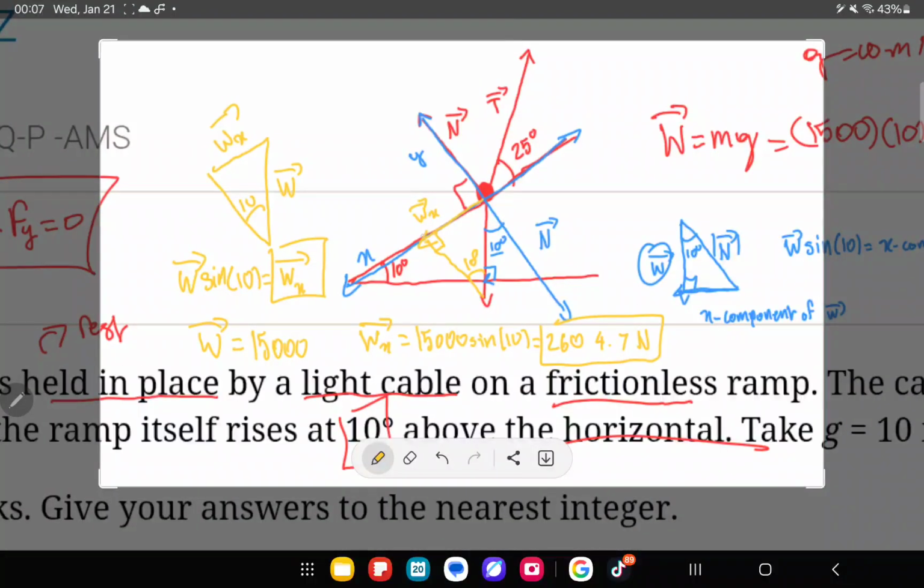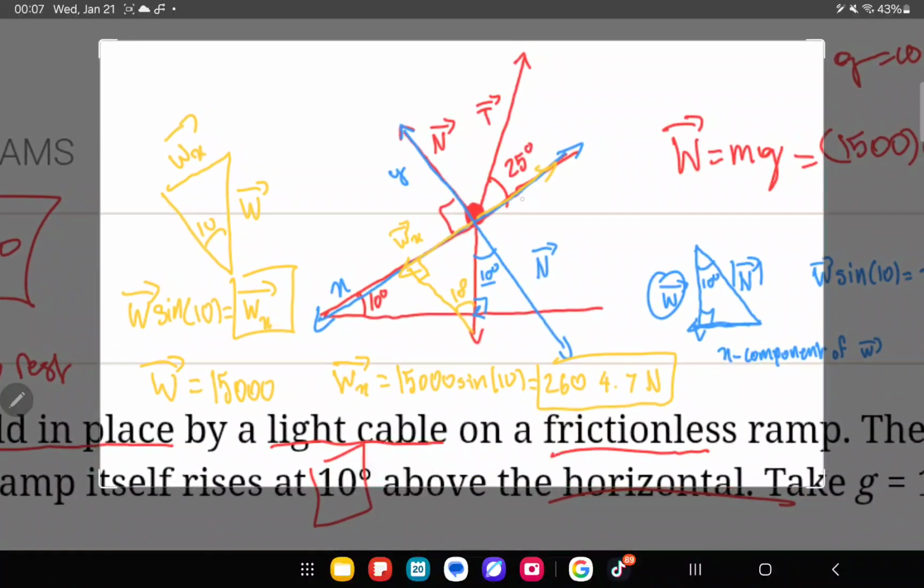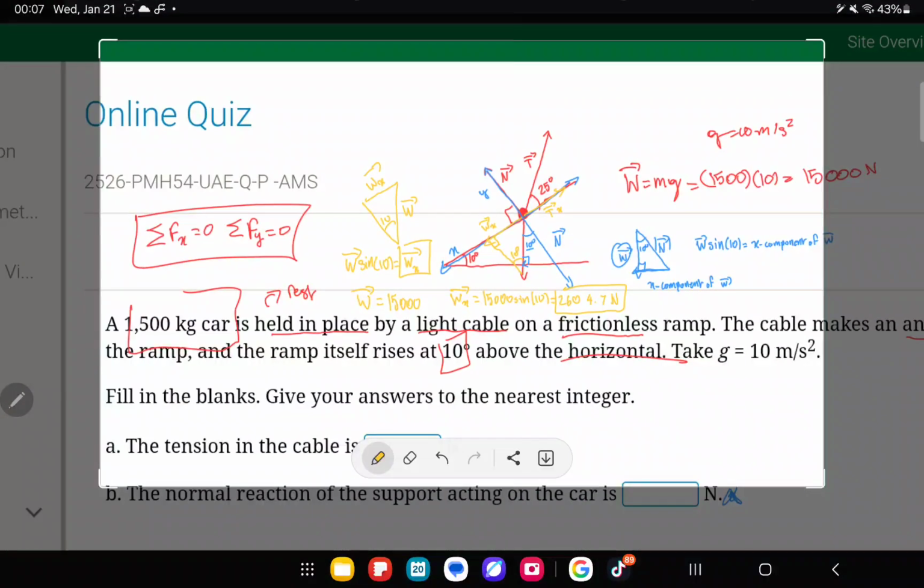Okay, now we have one direction, and now we have to get the other direction. Over here, we'll just call this the x component of T. Super easy to get.